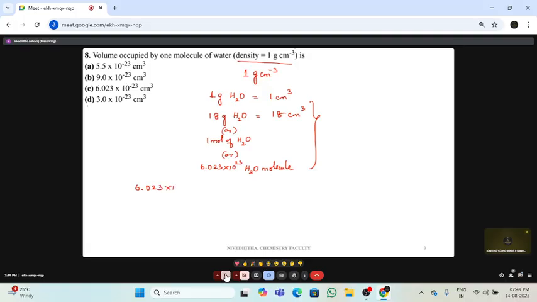6.023 into 10 power 23 water molecules occupy 18 centimeter cube. Then 1 water molecule occupies dash centimeter cube. It is x. Please cross multiply and let me know the value of x.